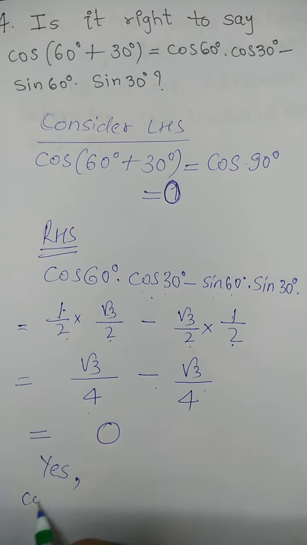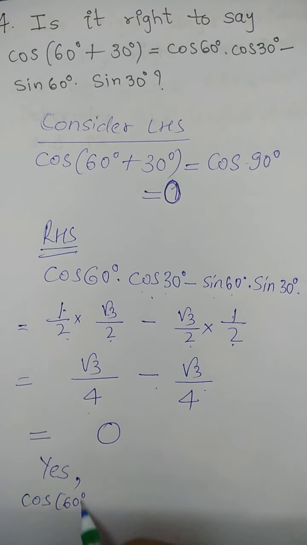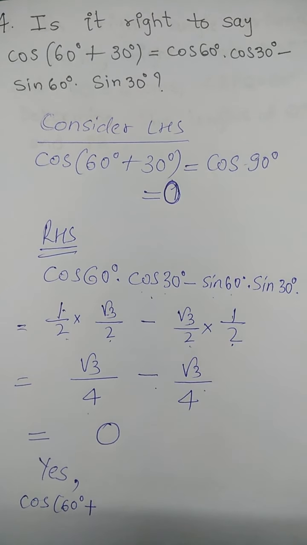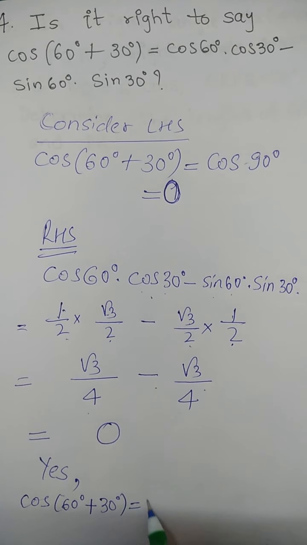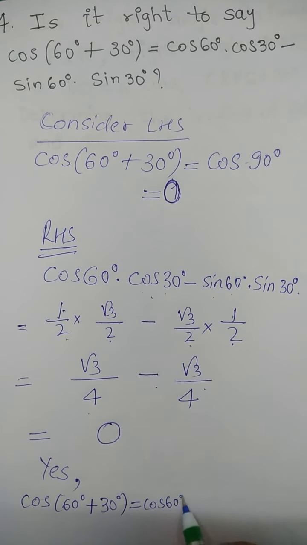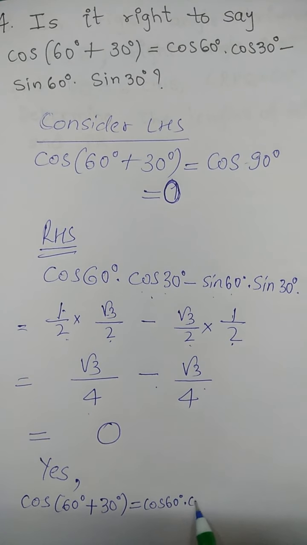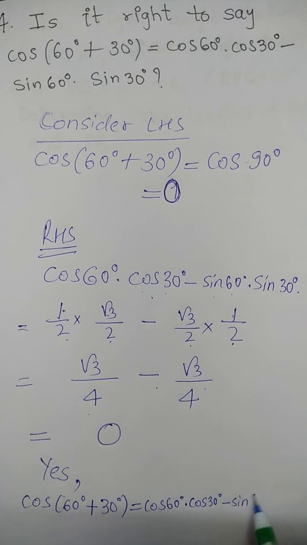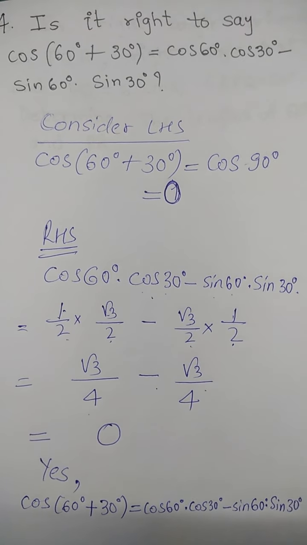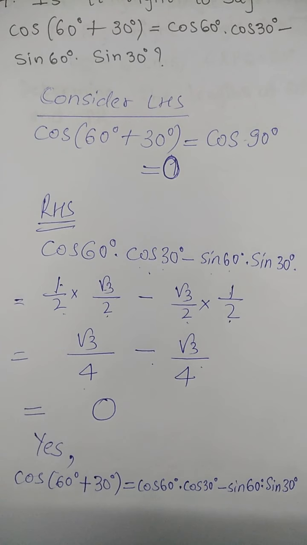You write cos 60 degree plus 30 degree is equal to cos 60 degree into cos 30 degree minus sin 60 degree into sin 30 degree. How to generalize this?